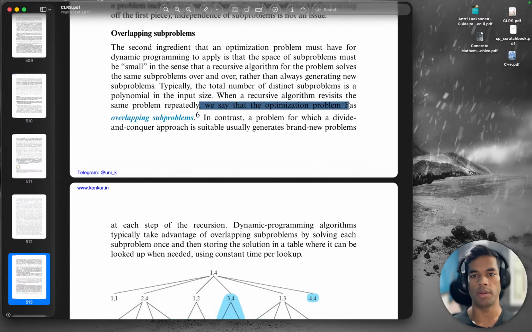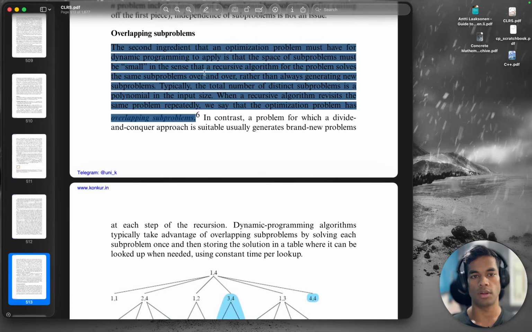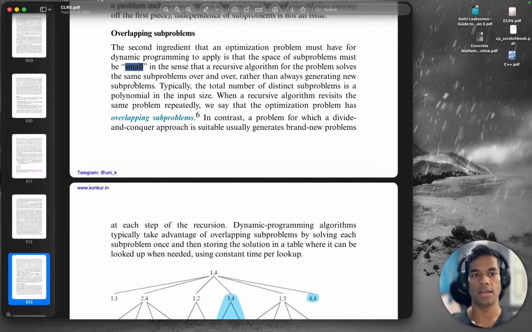When a recursive algorithm revisits the same problem repeatedly, we say that the optimization problem has overlapping subproblems, because we are visiting the same subproblems again and again. And dynamic programming would only work when the space of subproblems is small, and that would be small when we have subproblems overlapping with each other, because if the subproblems are overlapping, there are fewer distinct subproblems.